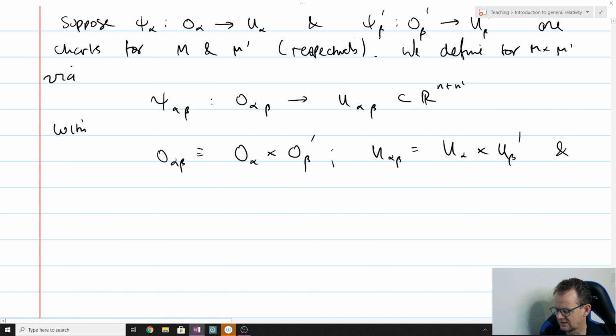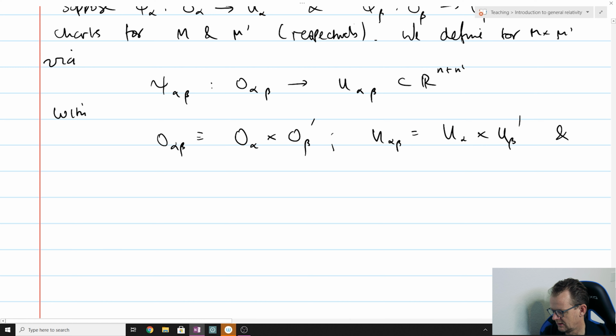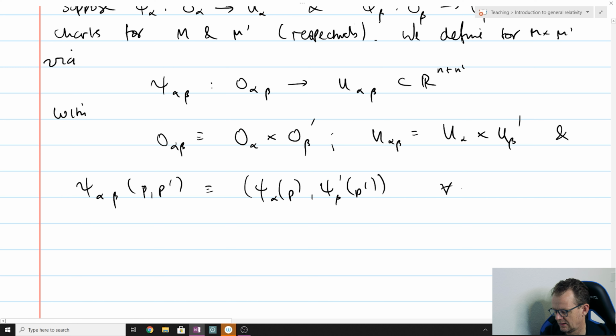And I haven't told you what these psi alpha betas are yet. Well, I will now. Psi alpha beta acting on a point P in M and a point P prime in M prime is defined to be, well, just take the corresponding points in R^n plus n prime.